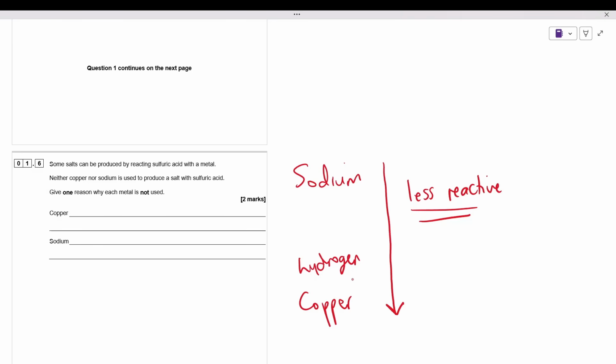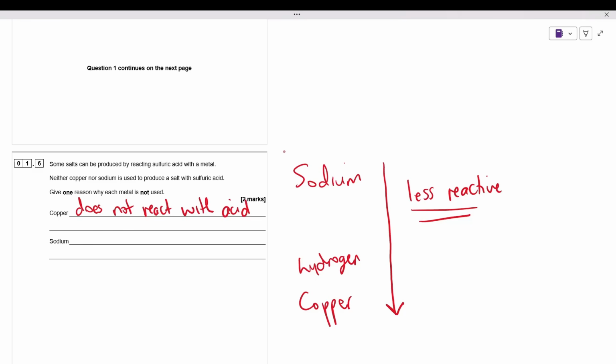In order for a salt to be produced when you're reacting these with acid, the metal must be able to displace the hydrogen. And if it's unable to, a reaction will not take place. So we can say for copper, it does not react with acid. And that is our reason why we could not use copper metal by itself. That displacement will not happen.